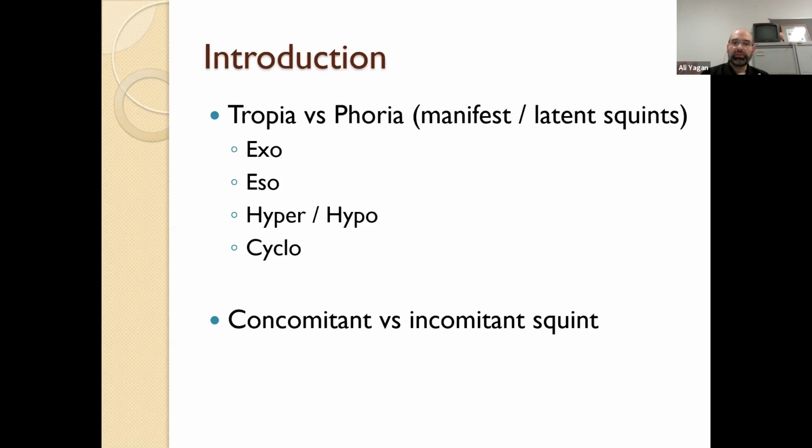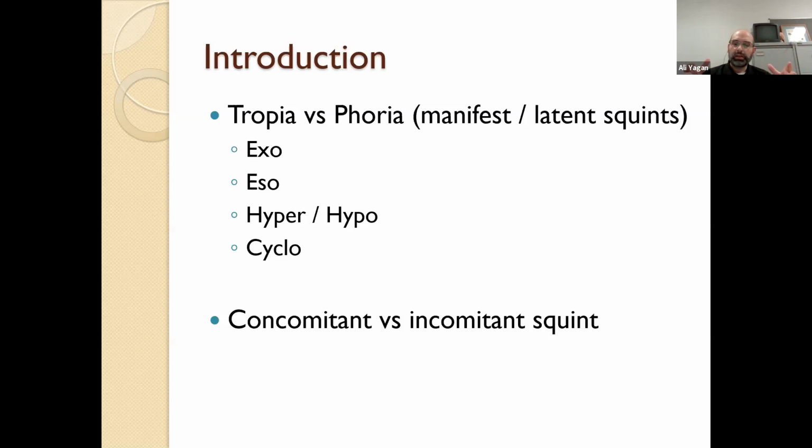That's what we call a phoria. So you look at them, there is nothing there, but you do some tests and then it becomes apparent, and we call it exophoria or esophoria. Exo means drifting outwards horizontally, eso means drifting inwards horizontally, hyper means the eye is higher and hypo means the eye is lower, and cyclotropia means the eye is twisted either outwards or inwards.